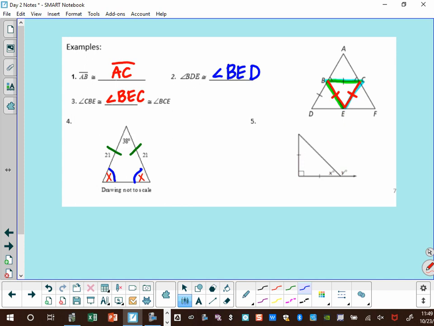I think we should keep practicing what we already learned, which was X plus X plus 38 equals what? What's the interior amount of angles? 180. I think that'll be the easiest one. What's X plus X? 2X, plus 38 is equal to 180.